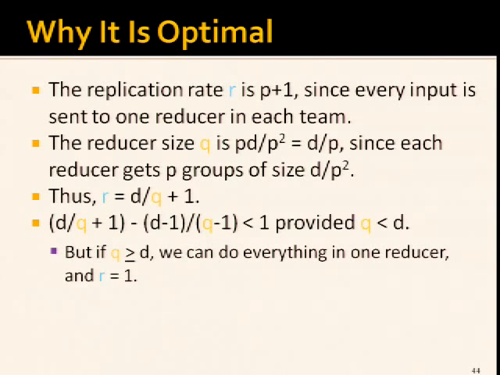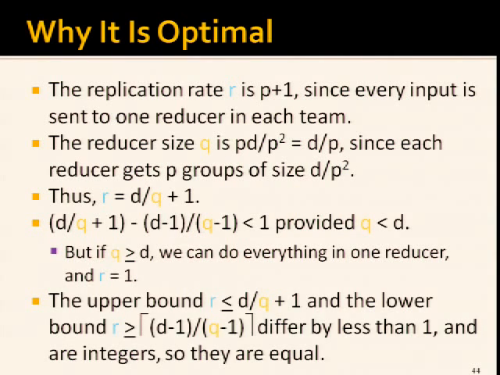The interesting thing is, as long as this is one of the Q's and D's for which there is this prime P, then the difference between the upper bound, which is D over Q plus 1, and the lower bound without the ceiling is less than 1. Again, I have to assume that Q is less than D, but if Q is equal to D, then we just do it as a serial algorithm. Now, the interesting thing is that if the upper bound and lower bound differ by less than 1, and they're both integers, they've got to be the same integer.